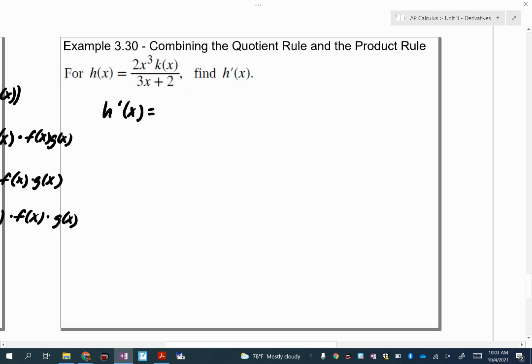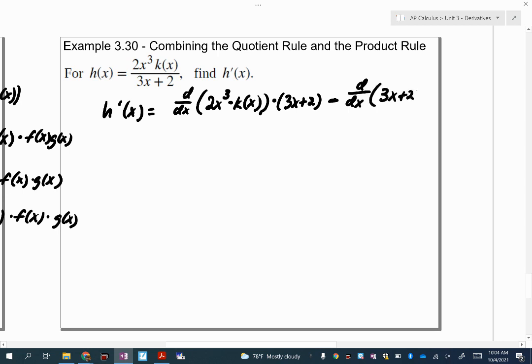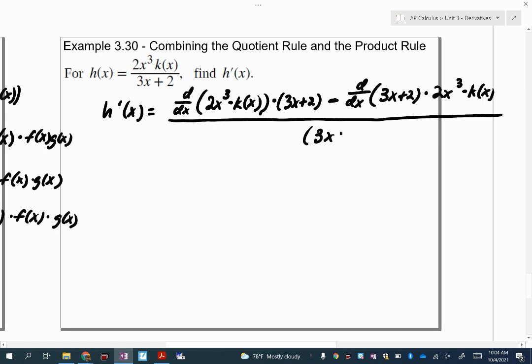So it's the derivative of the numerator, so d dx of 2x cubed times k of x, times the original denominator, 3x plus 2, minus the derivative of the denominator, so 3x plus 2, times the original numerator, which is 2x cubed times k of x, all over the denominator squared.